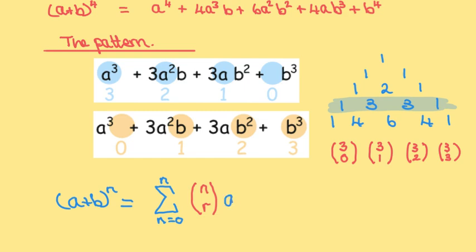The term in a is descending, it is n minus r. And the term in b is ascending, it is to the power of r. So the general expansion for a plus b to the power of n is equal to the sum of n choose r of a to the power of n minus r times b to the power of r from r equals 0 to n.